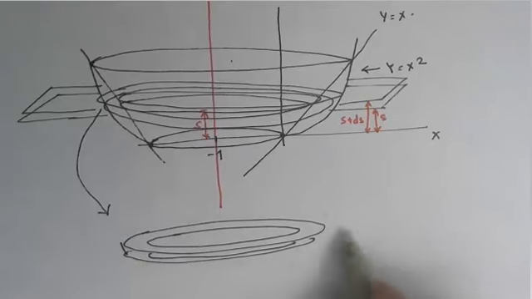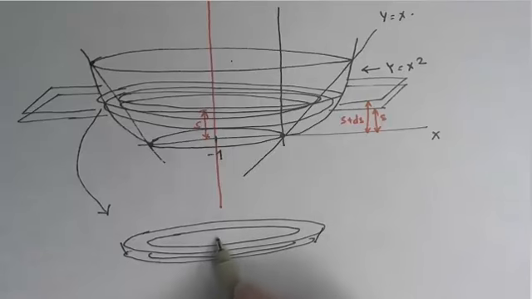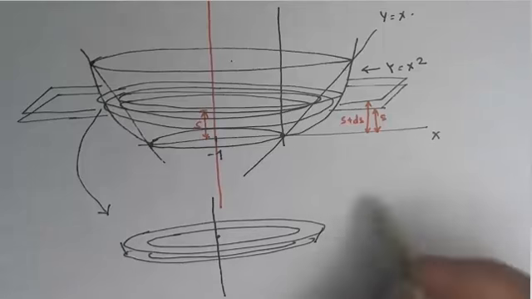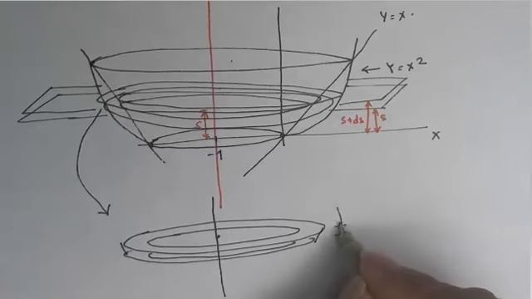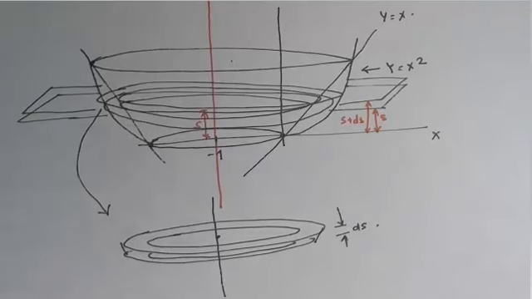And what we're interested in is the volume in between them. Here's the axis of rotation. And as before, the claim is that this thickness is just a small infinitesimal value ds. And when this is infinitesimal, the top and the bottom face look exactly the same.